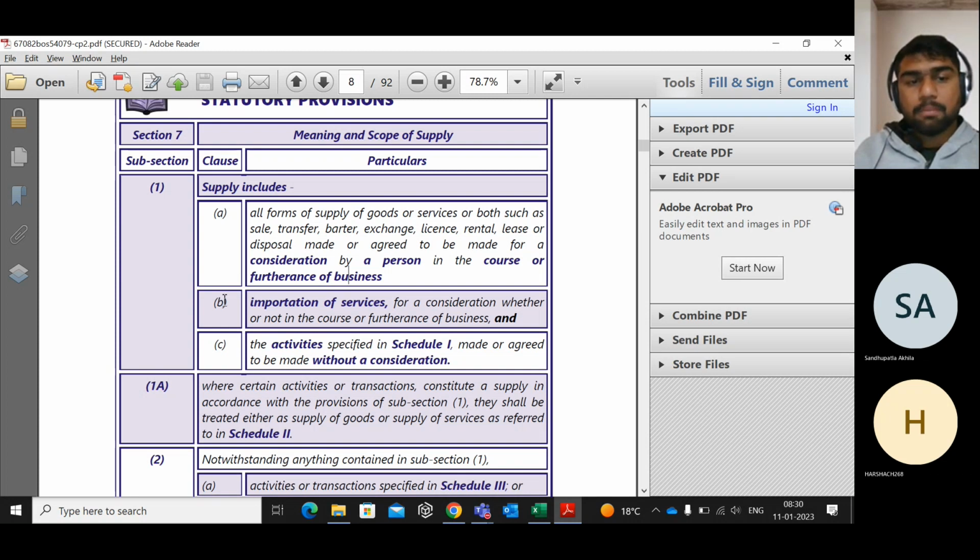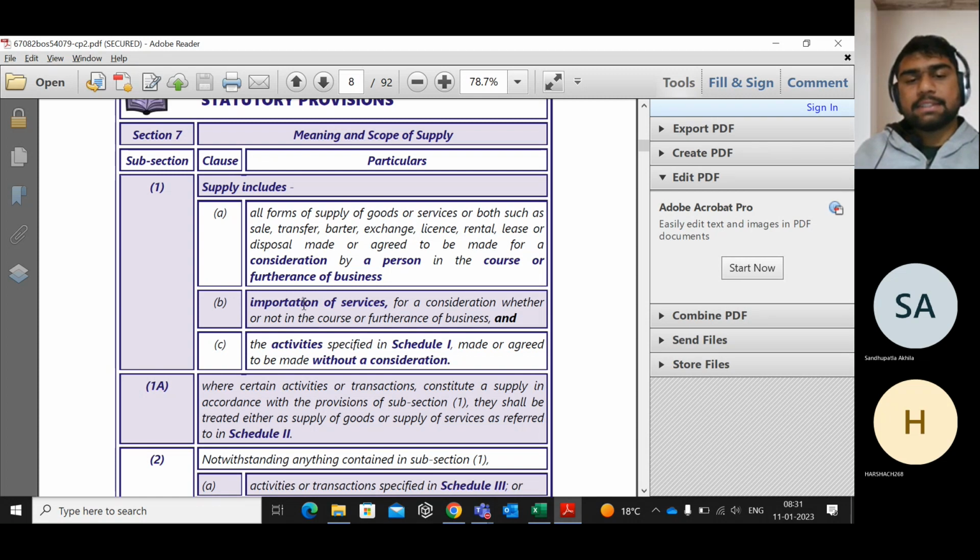But point B says whether or not in the course or furtherance of business. That means whether it is related to your business or not, I am not caring about that, it comes under supply.